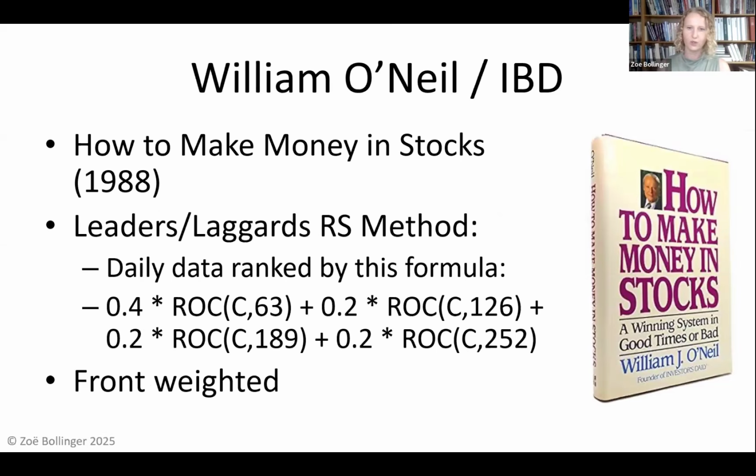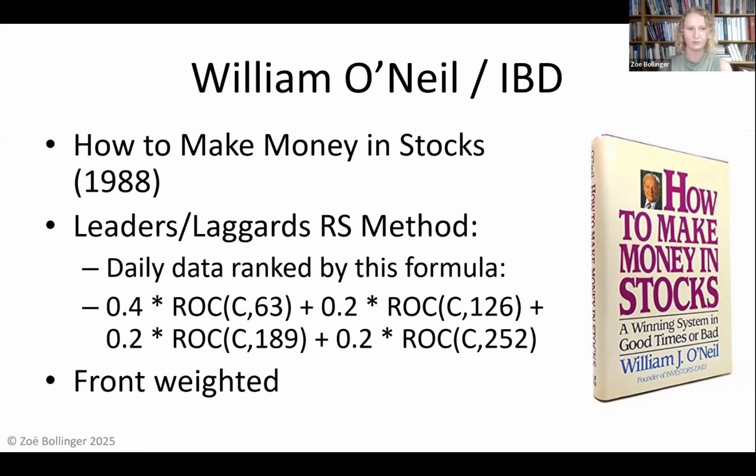The last of the four pieces that we're going to test is part of William O'Neil and the Investor's Business Daily methodology. And if you've read his work, he does the whole CAN SLIM thing that has a combination of technical and fundamental components to his overall system.